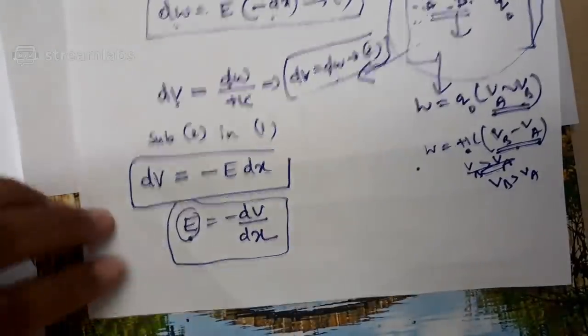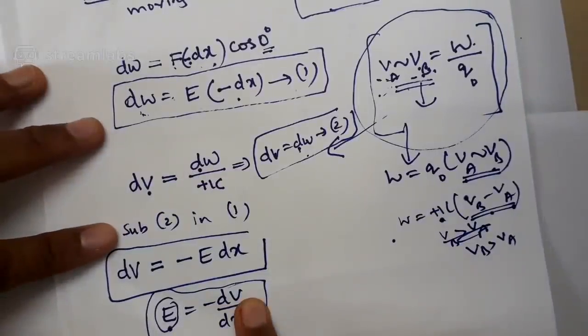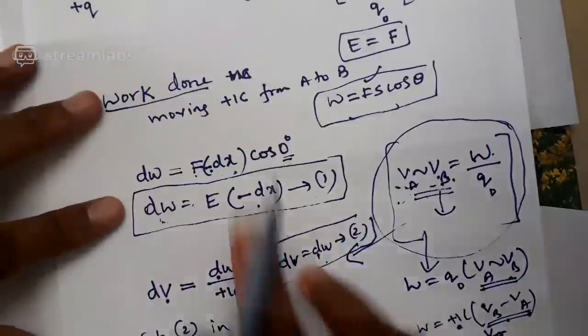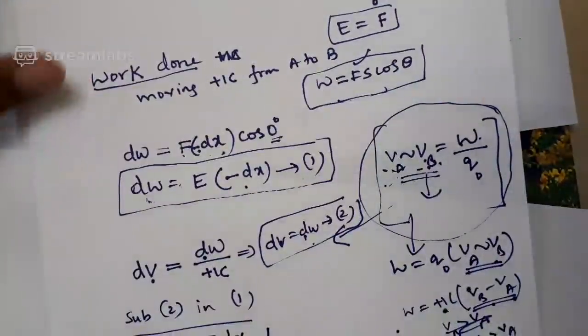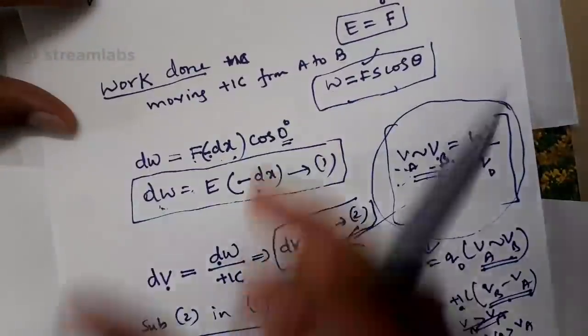I'll repeat again. In this discussion, E is the electric field between A and B, dV is the potential difference between A and B, and dx is the distance of separation between A and B.